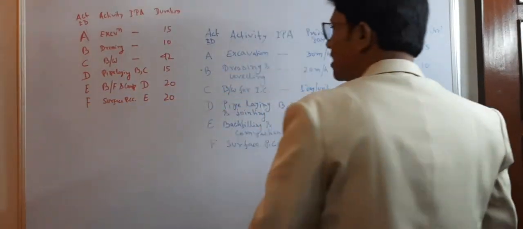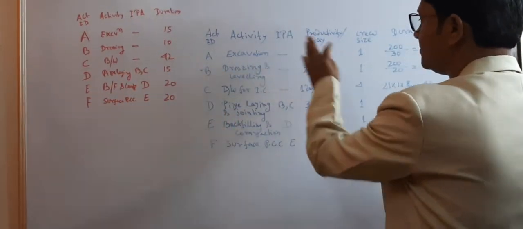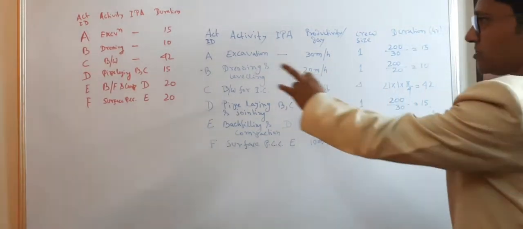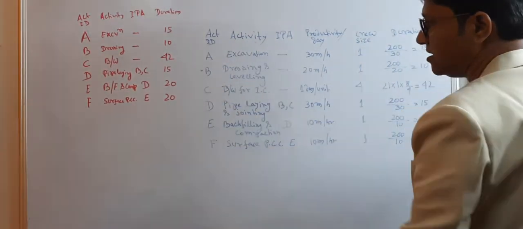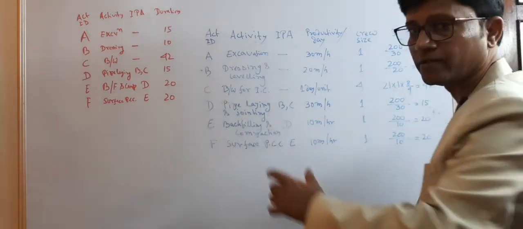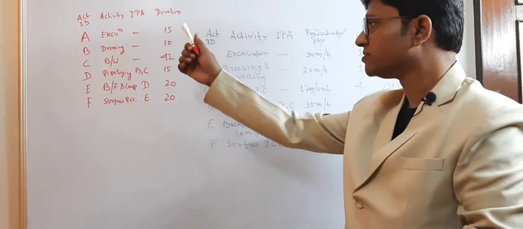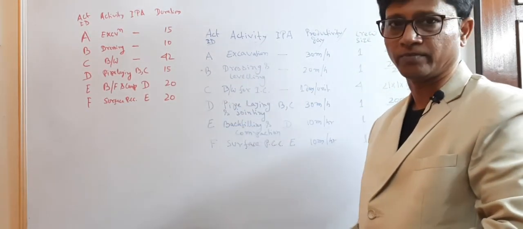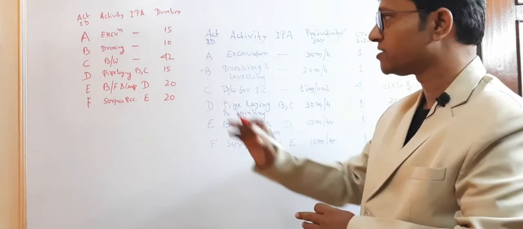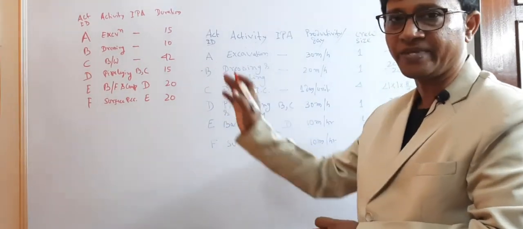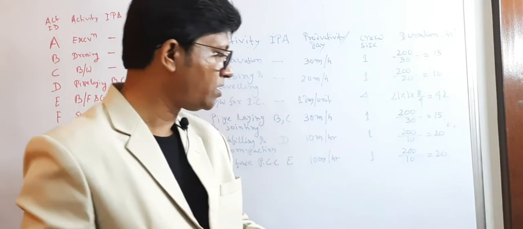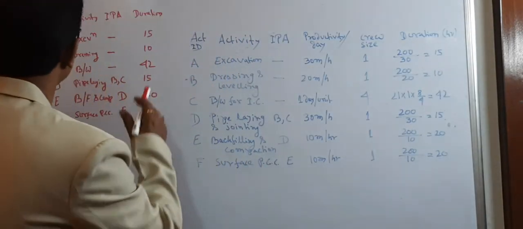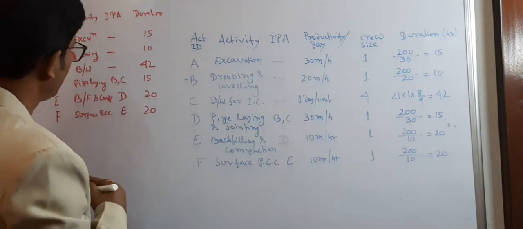So this is how this chart gets converted into the activities, and from here we can draw the AOA diagram, and we will also draw the AON diagram, just to differentiate the difference between AOA and AON diagram. So first of all, let us draw the AOA diagram.